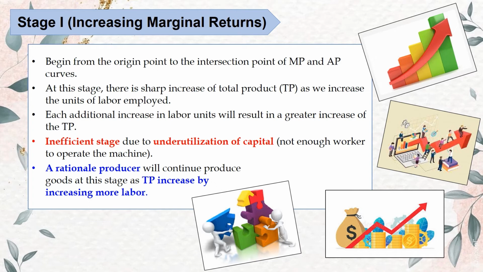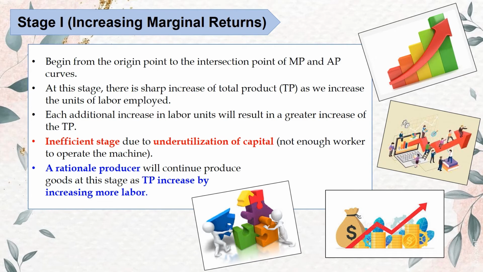At this stage, there is a sharp increase in TP curve because TP curve is increasing at an increasing rate as we increase the units of labor employed. Each additional increase in labor units will result in a greater increase of the TP.